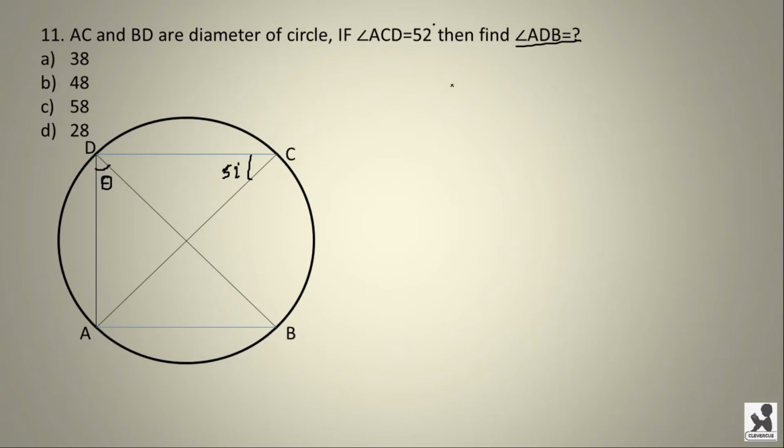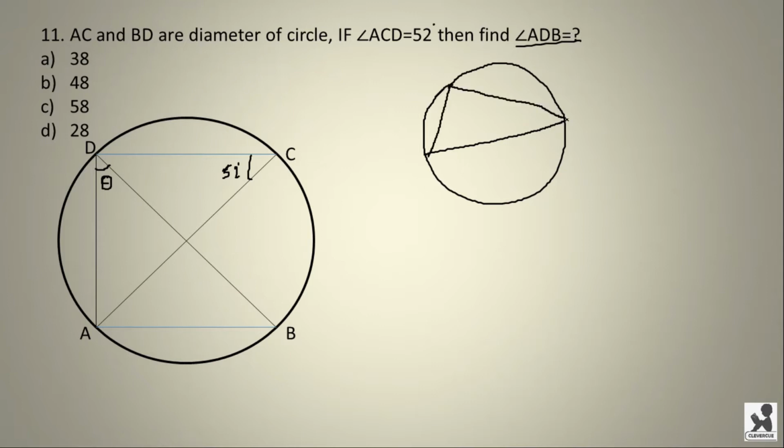In this question, two concepts are being used. Consider a circle. If this is a diameter, and with this diameter as base, any triangle is formed, then the angle at the point other than the points on the diameter will be 90 degrees.